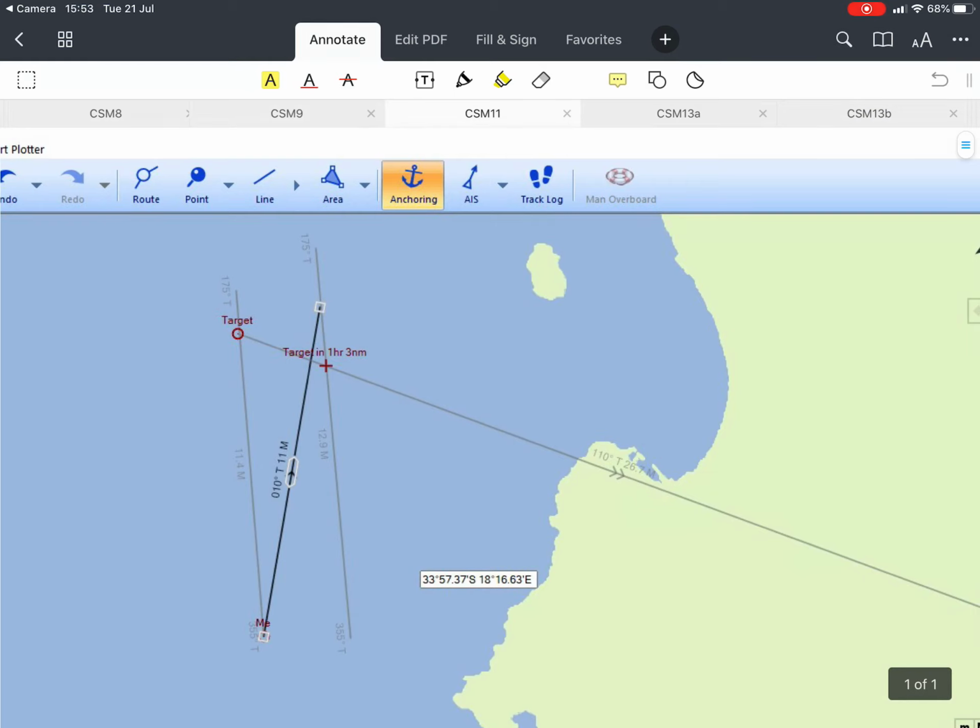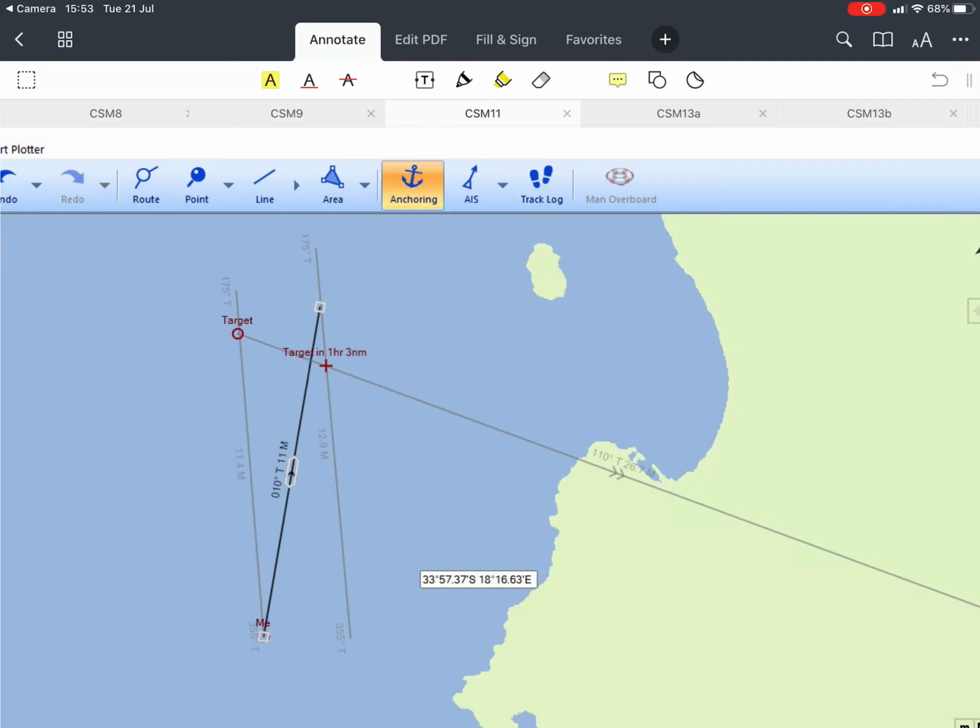Okay, question 11. This is about a time that we're going to cross paths. So what we've got here, that's me, the target. The target is going to run on a bearing of 110 true.